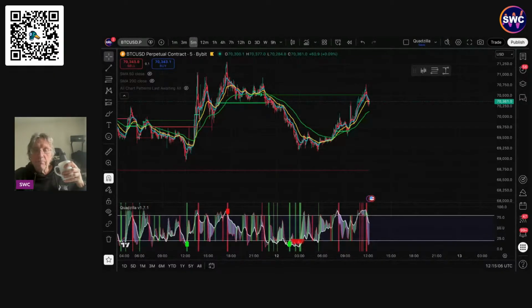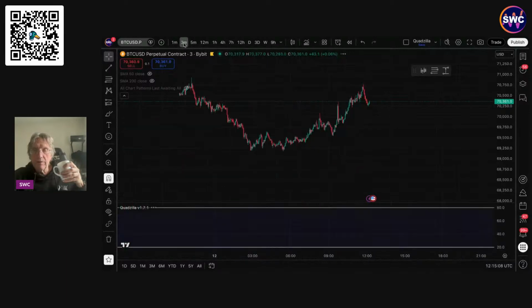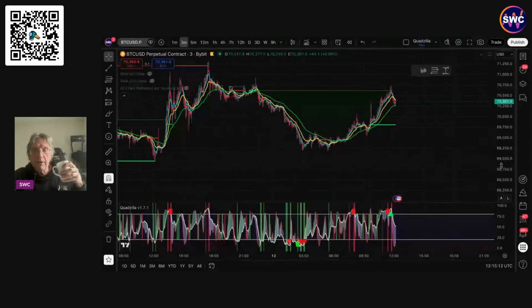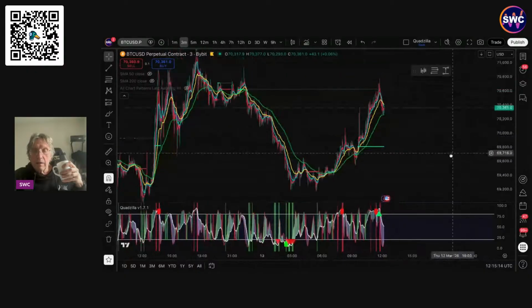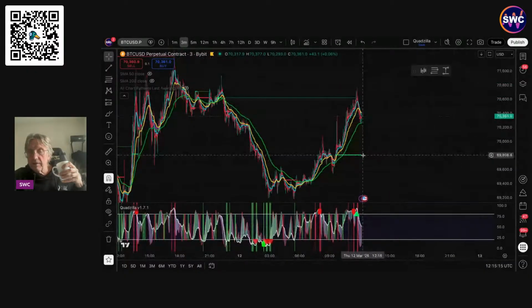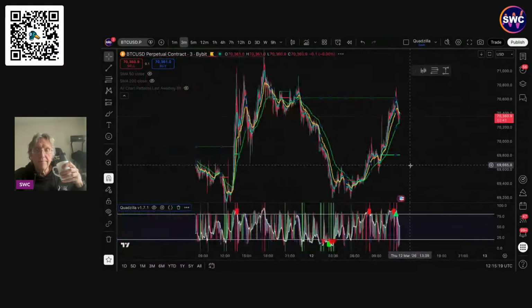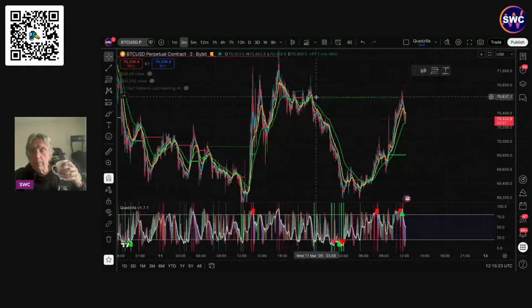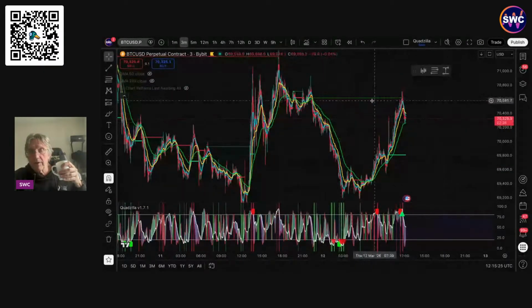So I think at the moment there's no trade to be had. I think we're just diddling in the middle, aren't we? Coming down to the 3-minute, this looks like a tasty level here, 69.8. You can see we just beautifully went up to close that step 3 of that retracement there. That's good.